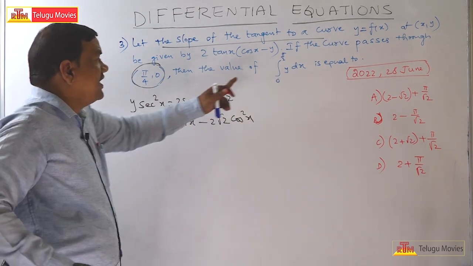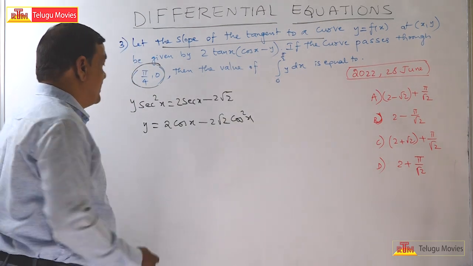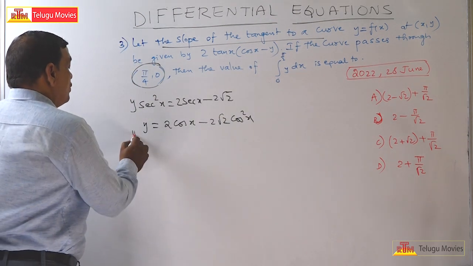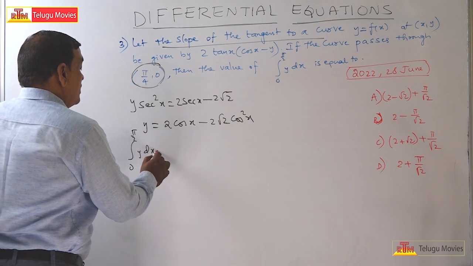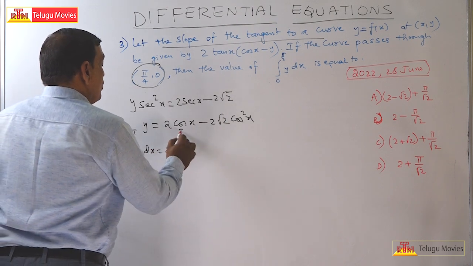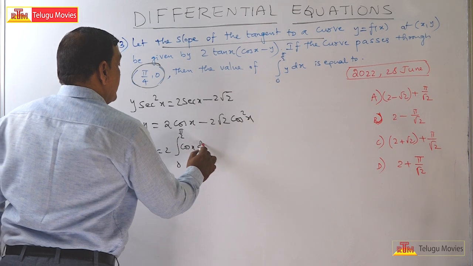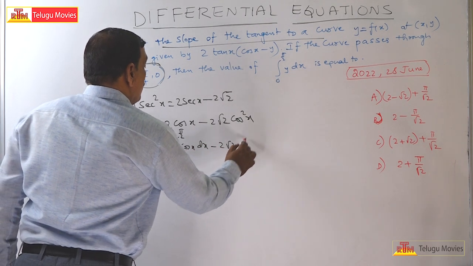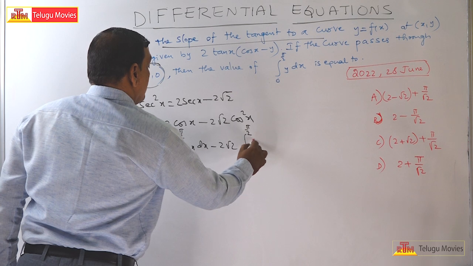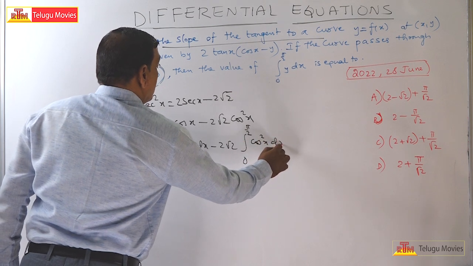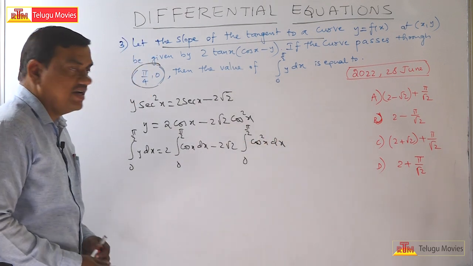Now, integrating 0 to pi by 2 of y dx. This is 2 into the integral 0 to pi by 2 of cos x dx, minus 2 root 2 times the integral 0 to pi by 2 of cos square x dx. Very nice problem this is.